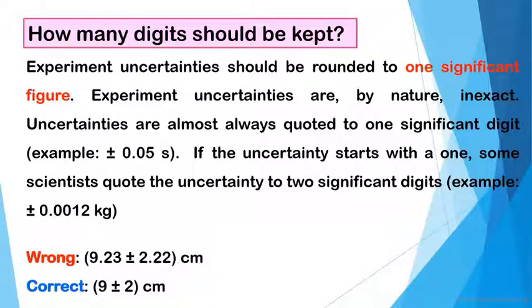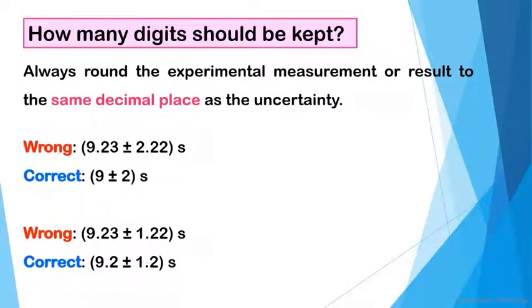For example, 9.23 plus minus 2.22 cm is incorrect. We should write 9 plus minus 2 cm because the delta m does not start with 1. Always round the experimental measurement or result to the same decimal places as the uncertainty.